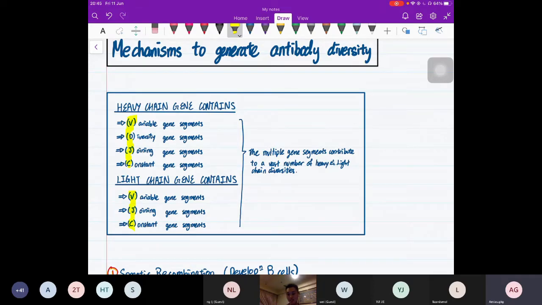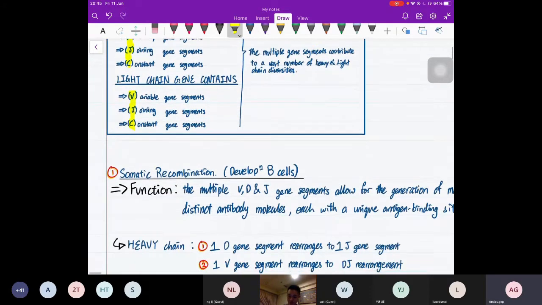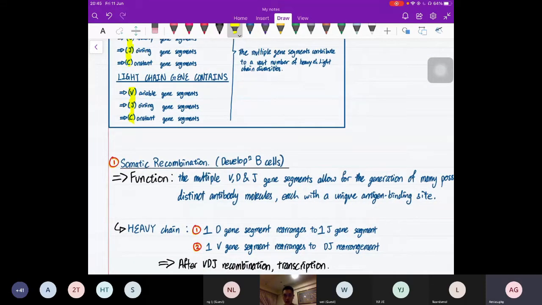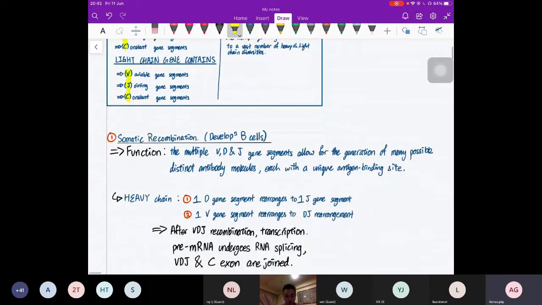Okay, so this is the basis of your somatic recombination, which is your first mechanism to generate antibody diversity. Another name for it is your VDJ recombination or your VJ recombination.